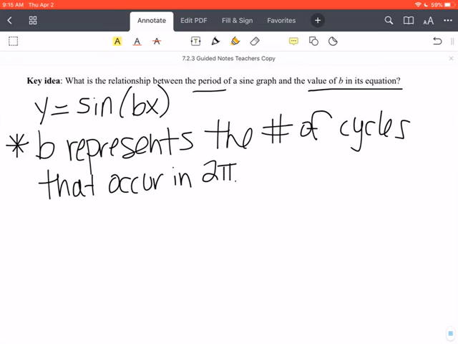Now further on, we really usually care about just 1 cycle. That's usually what we dive into to analyze.